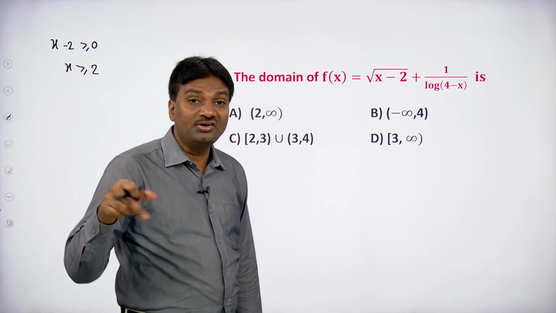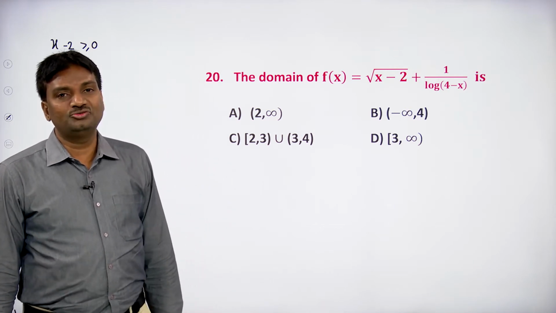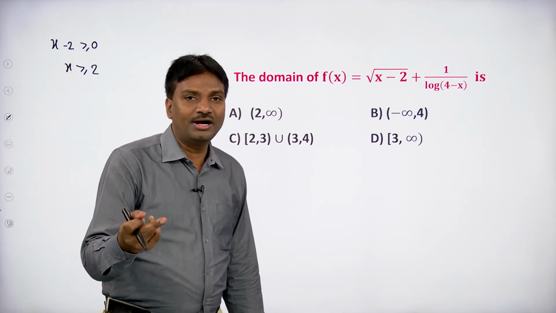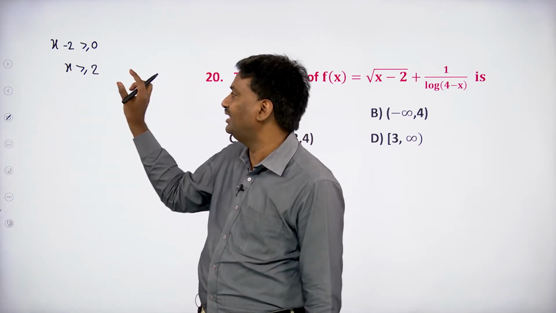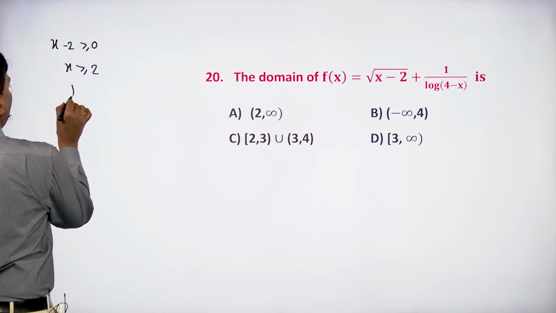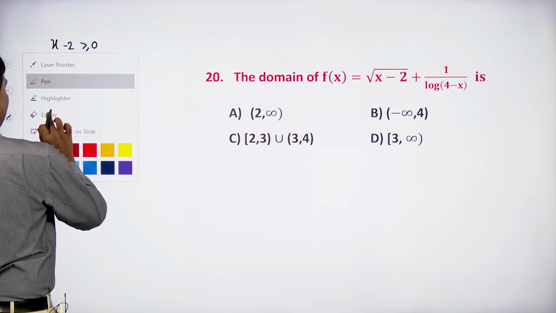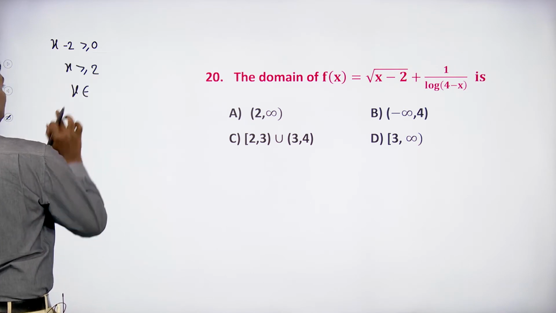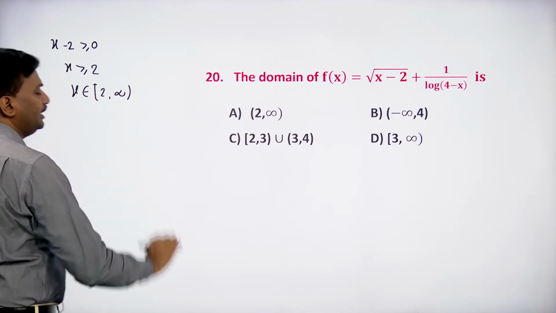x greater than or equal to 2 means in place of x you may take 2, or more than 2: 2.1, 2.2, 2.5, 2.9, 3, 4 like that. Up to infinity you may take any value. So we can write x belongs to [2, infinity). Here we are considering 2 also, so we take this closed bracket, and we are not considering infinity.